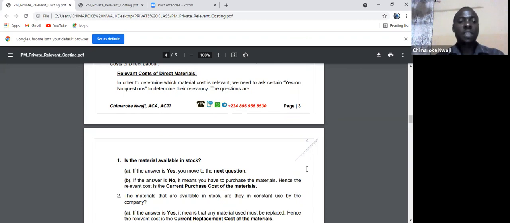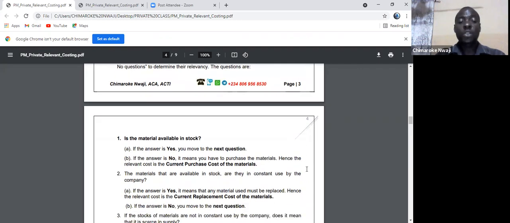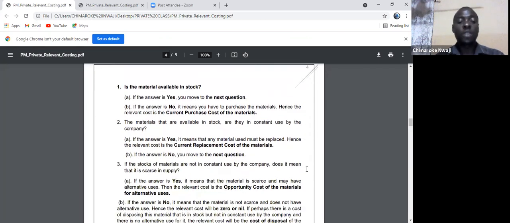So let's take the first one, relevant cost of direct material. In order to determine which material cost is relevant, we need to ask ourselves some yes or no questions so as to determine their relevance. Now, these questions are usually three. In our discourse tonight, we're going to see those three questions.